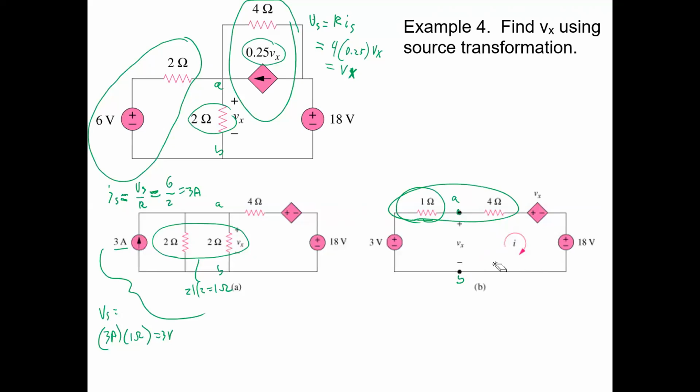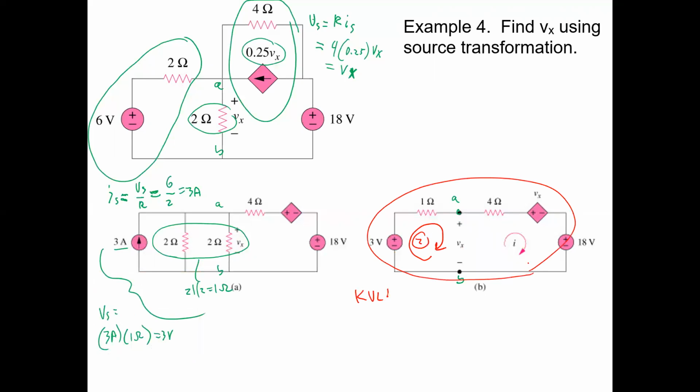Right, so we never want to mess up by combining those two, because then we would lose any sense of what Vx is. These 1 ohm and 4 ohm resistors cannot be combined. But we do have a point where we could analyze this circuit pretty easily. Using KVL, you can do KVL around the whole thing.